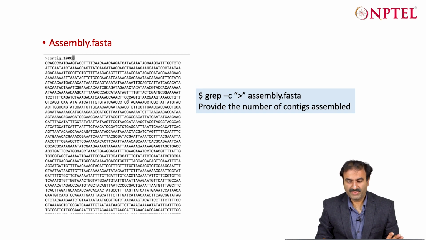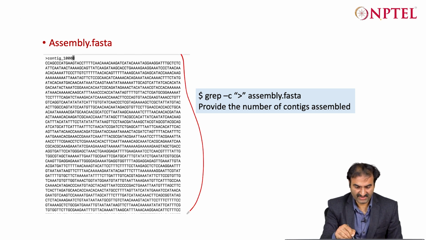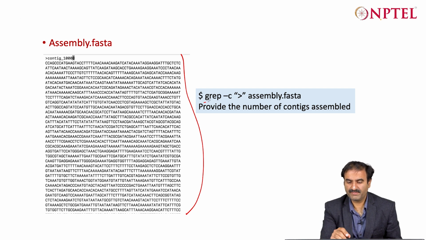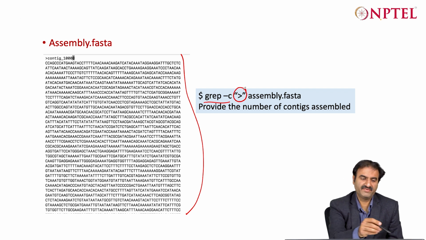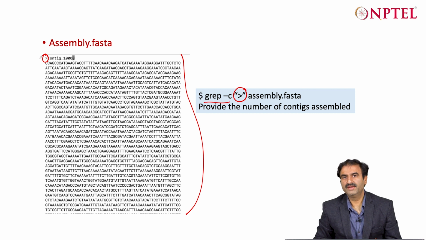So this is the assembly.fasta file that it created, with the contig number and the sequence in the FASTA format. You can count how many sequences or contigs you have got by grep -c, that means count this symbol which is present in the front of your read, or basically the contig, a FASTA format indicator.